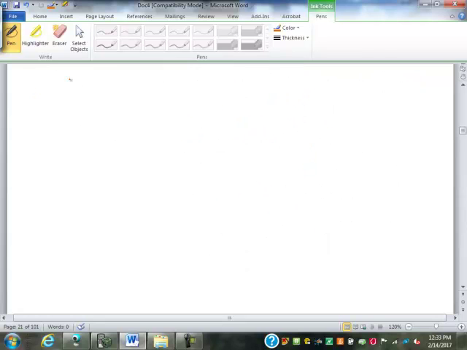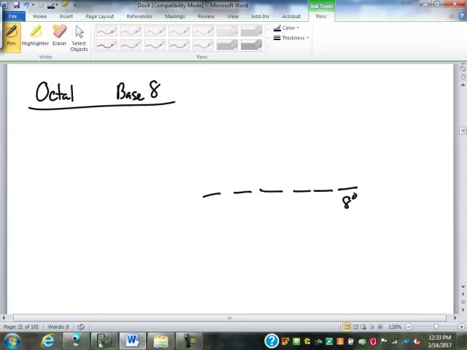So if we look at octal numbers, base 8. Instead of 10 being the base of our numbering system, 8 is the base. So 8 to the power of 0, 8 to the power of 1, 8 to the power of 2, 8 to the power of 3, 8 to the power of 4, and 8 to the power of 5.